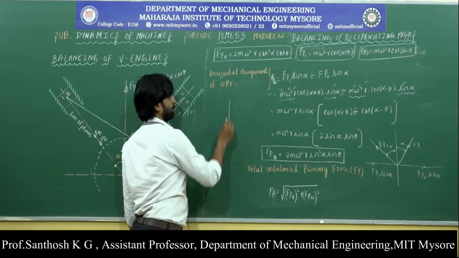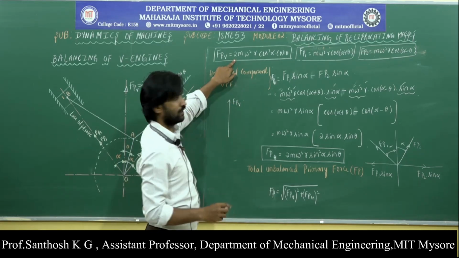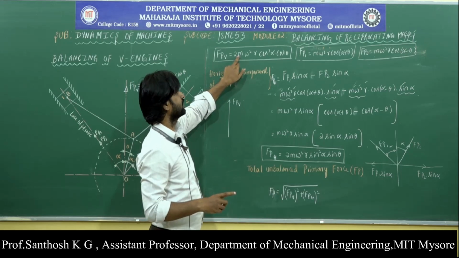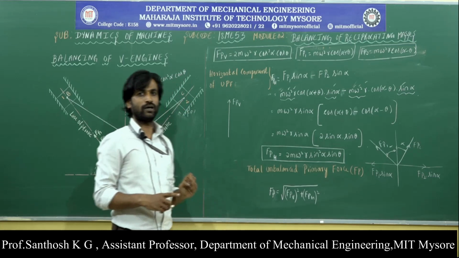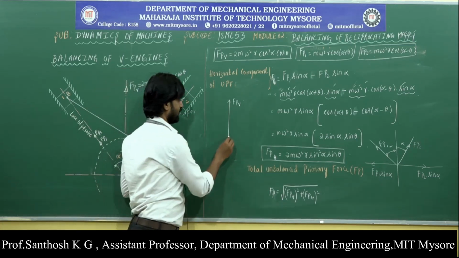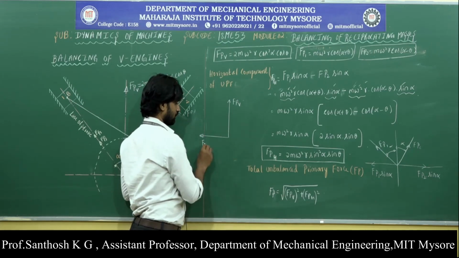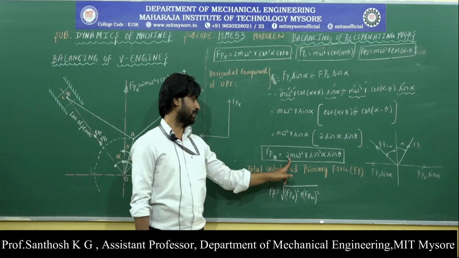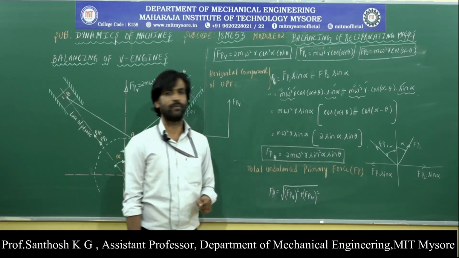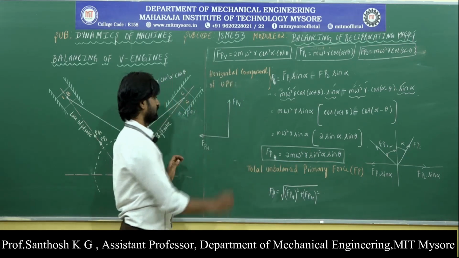We have the primary vertical force acting in the vertically upward direction, which is m omega square r into cos square alpha into cos theta. Similarly, in the horizontal direction we have the resultant force Fph, acting in the horizontal left direction, and its magnitude is equal to 2m omega square r into sin square alpha into sin theta.